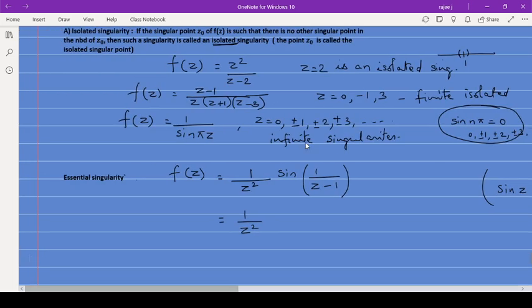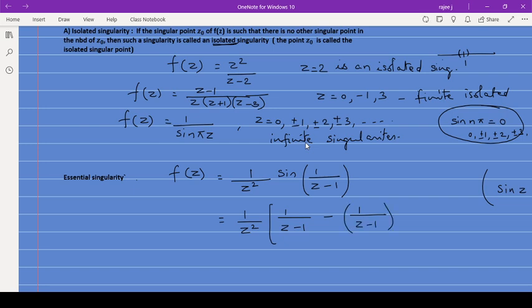Sine of z is z minus z cube by 3 factorial, so here z is 1 upon z minus 1, minus 1 upon (z minus 1) cube upon 3 factorial, plus 1 upon (z minus 1) raised to 5 upon 5 factorial, and so on.